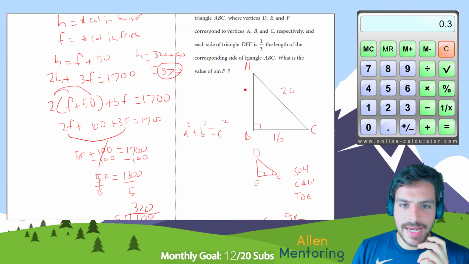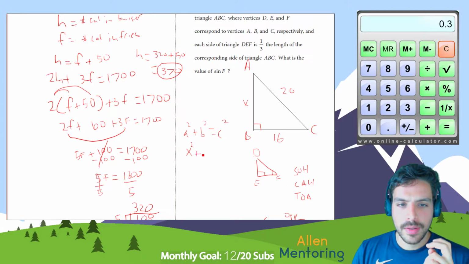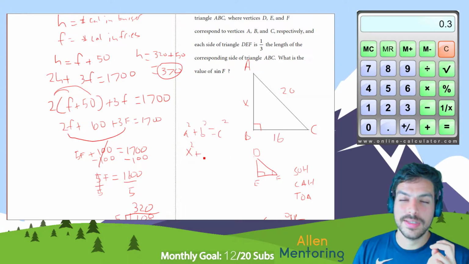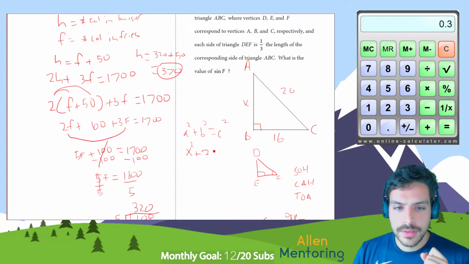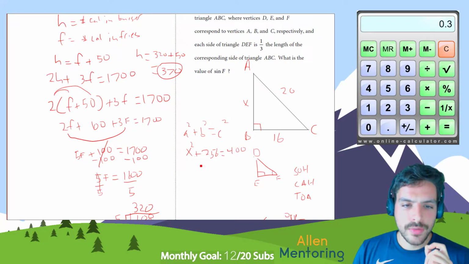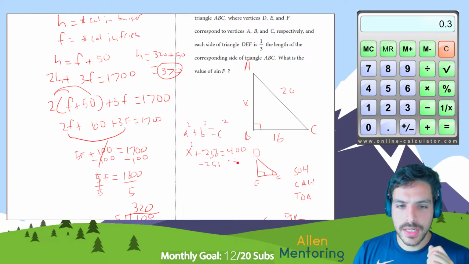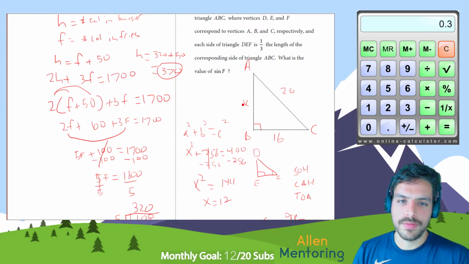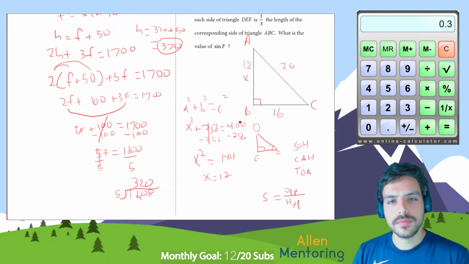So we'll put AB as x. x squared plus 16 squared, and 16 squared is 256, is equal to 20 squared, which is 400. If we subtract 256 on both sides, x squared is equal to 144. So x must be equal to 12. So this we know is 12.